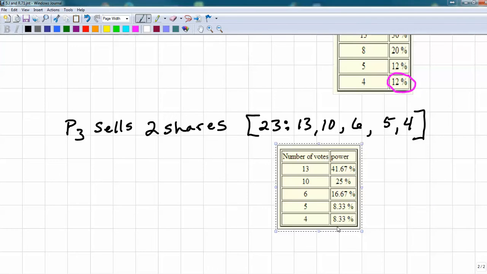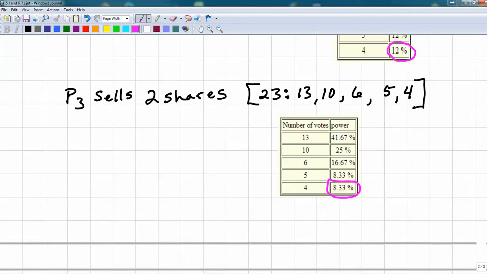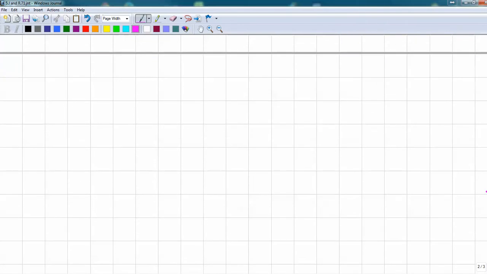The last one that we need to consider in this part of the problem is the fact that we will have P sub 4 selling to P sub 5. Remember, that's going to be 2 shares.